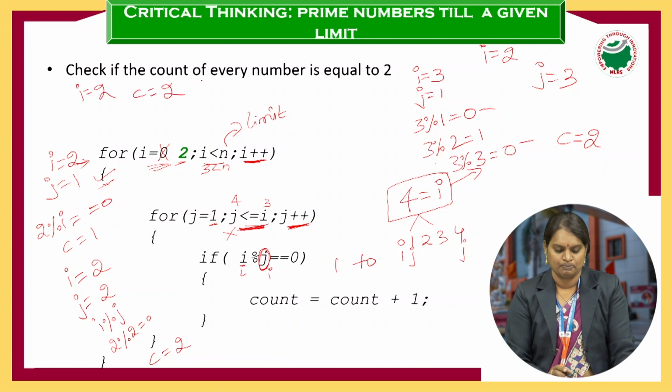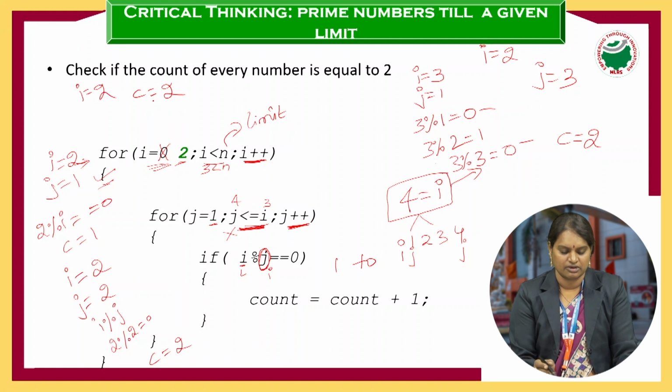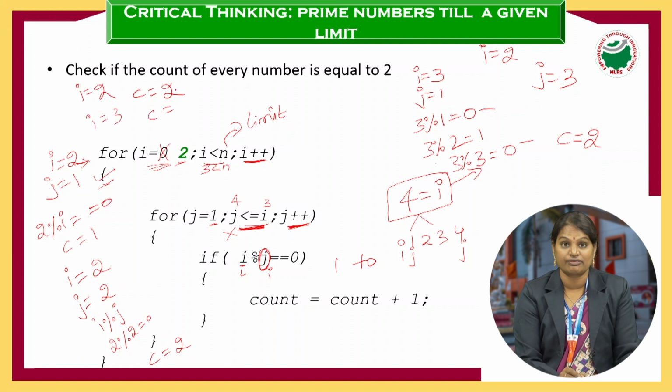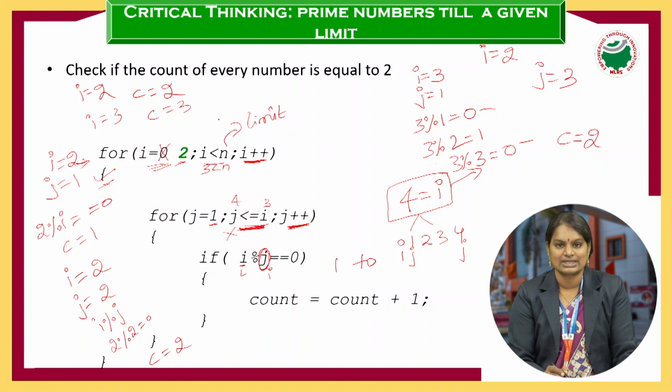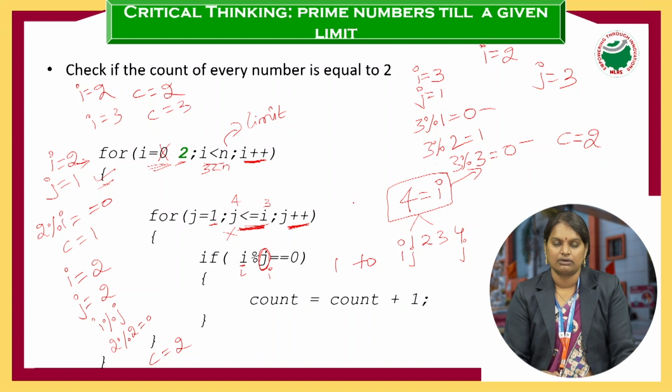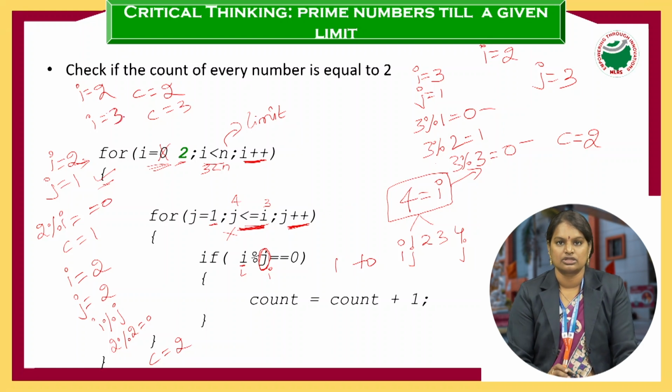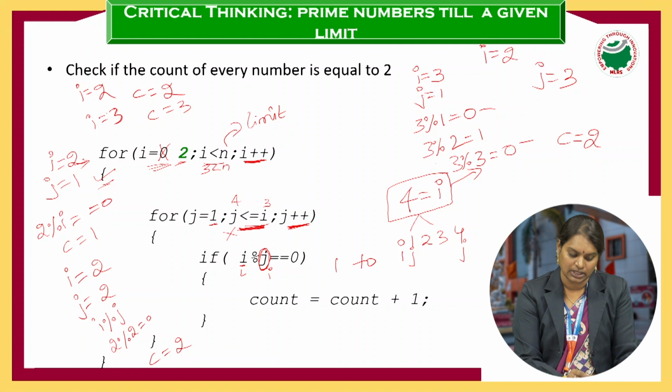Satisfied, and I have printed my prime number. If I don't make count 0, when I is 3, my count gets incremented from the existing 2. So it becomes count 3, 4, 5, 6, 7, 8, where it will tell that count is some 6 or 7 or 8, and it will print that 3 is not a prime, but actually 3 is a prime.